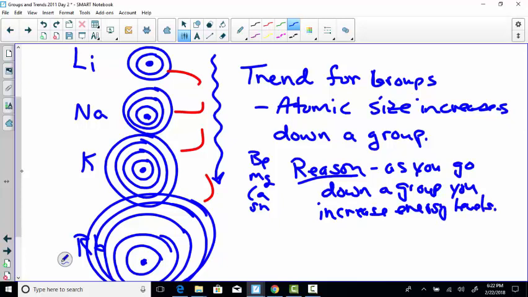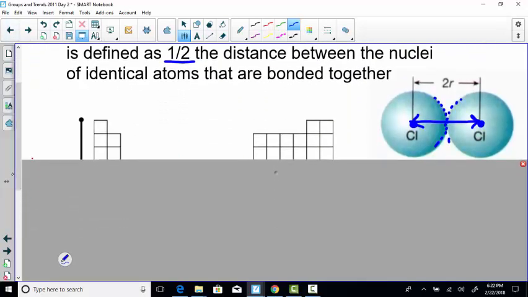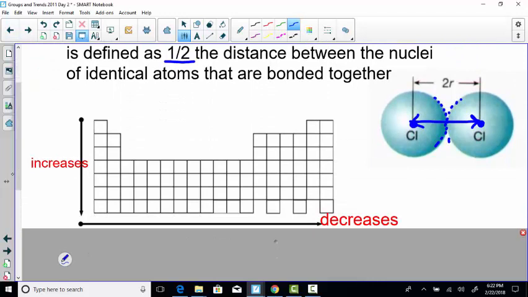And that, by default, makes these atoms bigger. So there's our first trend in our periodic table, is that as we go down a group, I have my periodic table here, as we go down the group, we're going to increase in size.